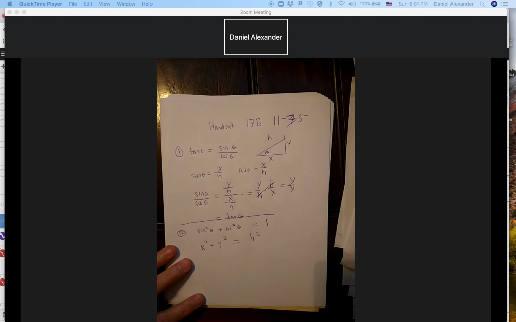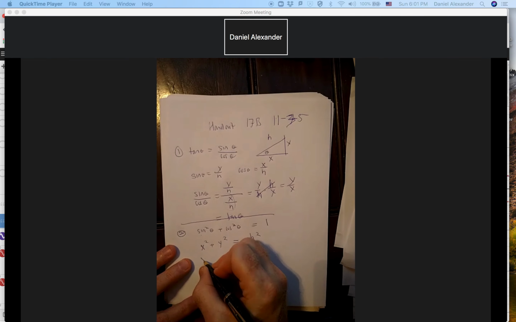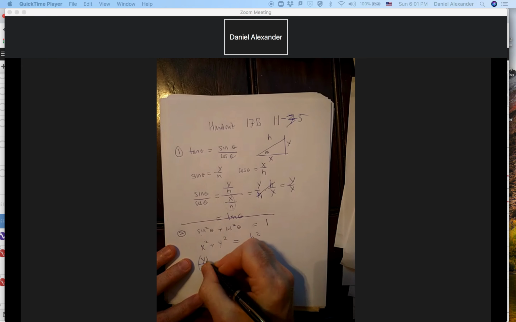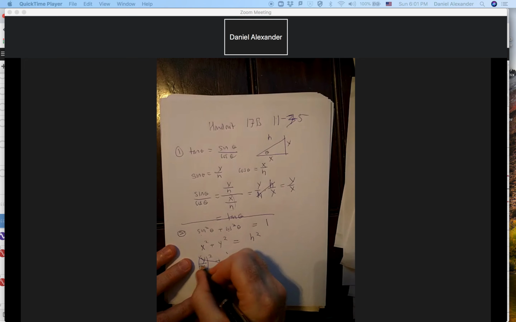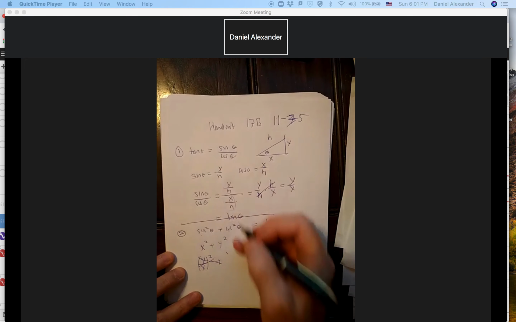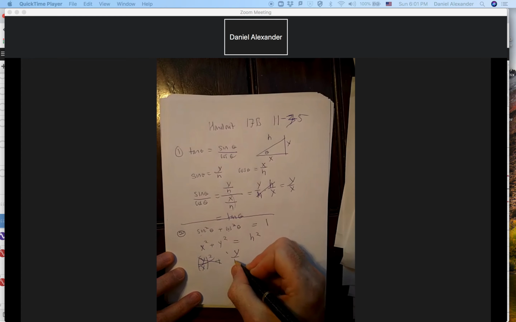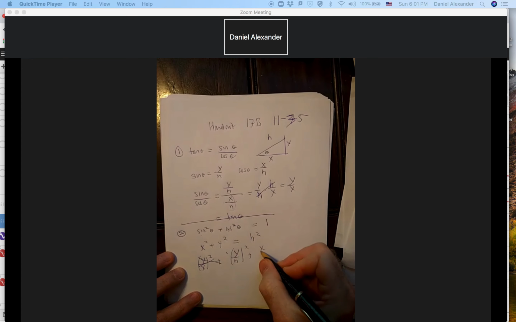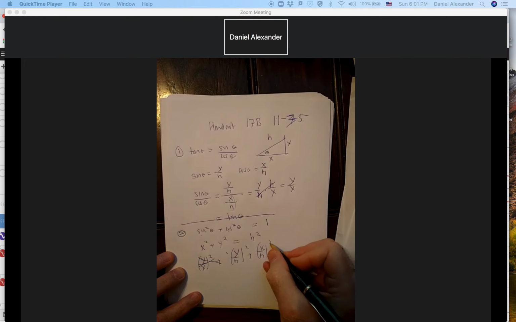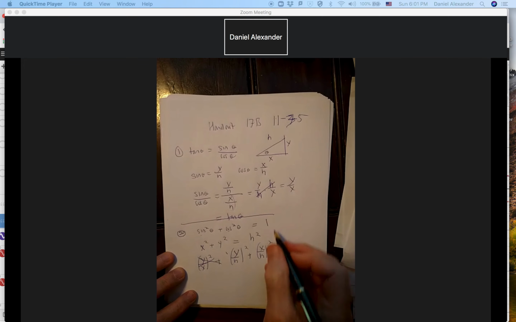Now the sine squared is going to be y over h squared. The cosine squared is x over h squared. So I just need to show that I get 1 here.